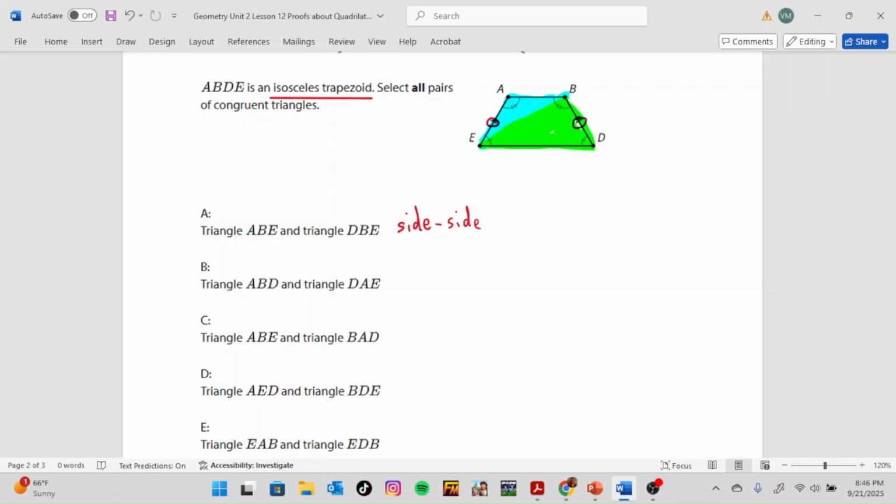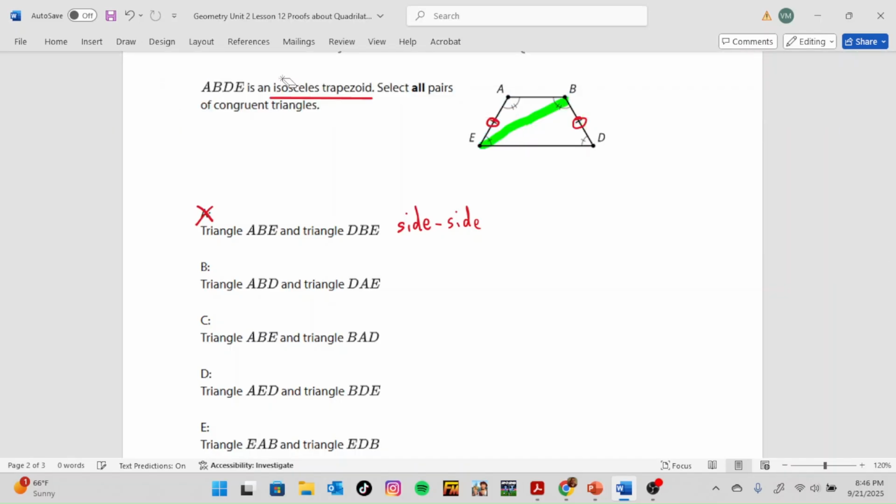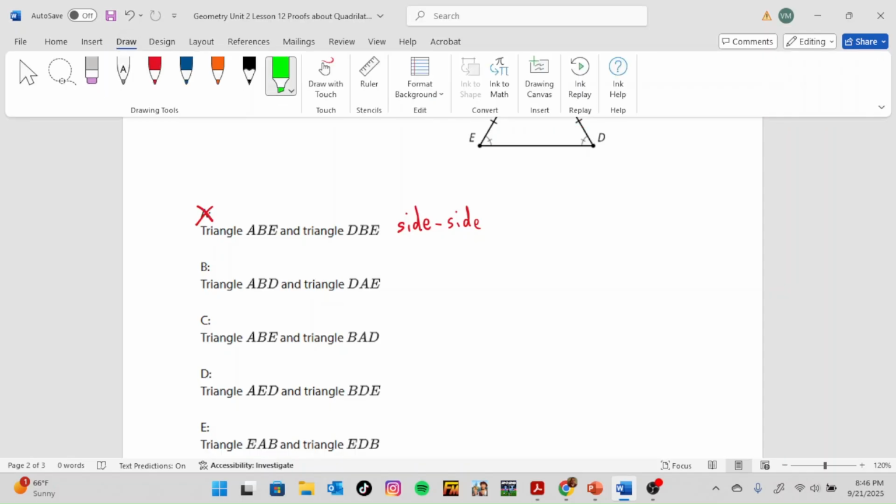So we only have side, side. That is not enough to have congruent triangles. So now let's try B.